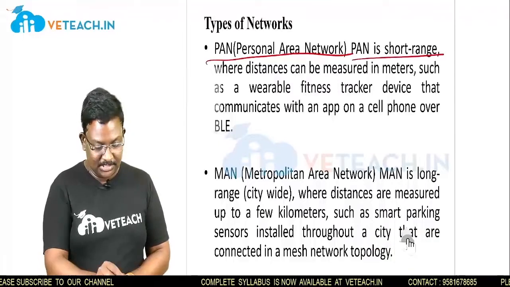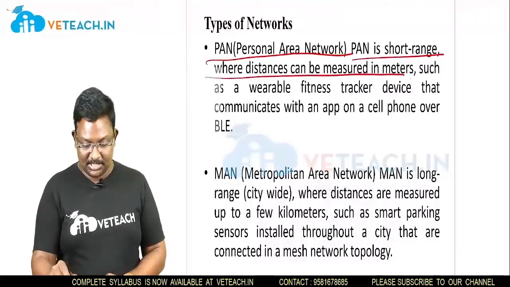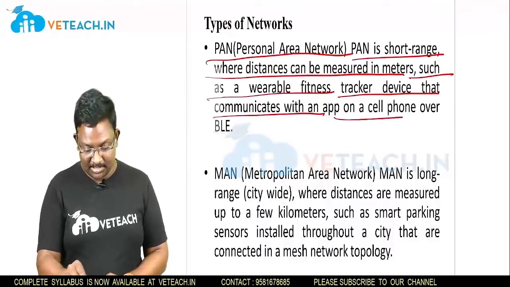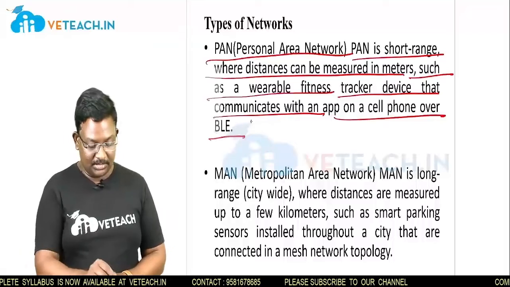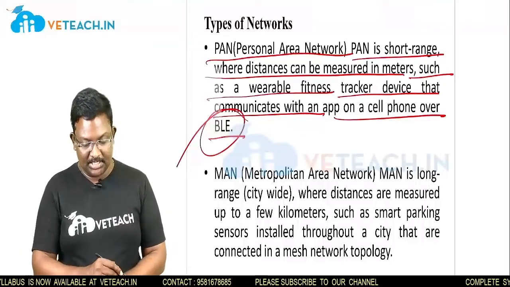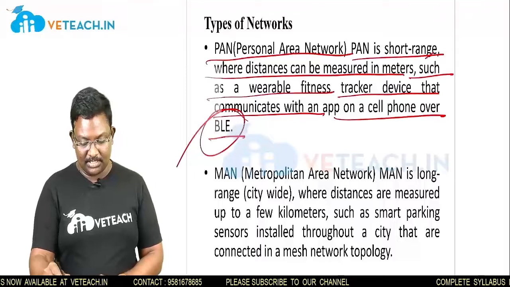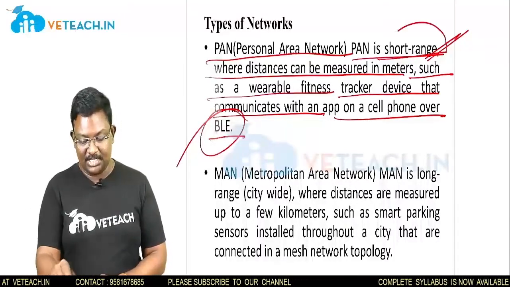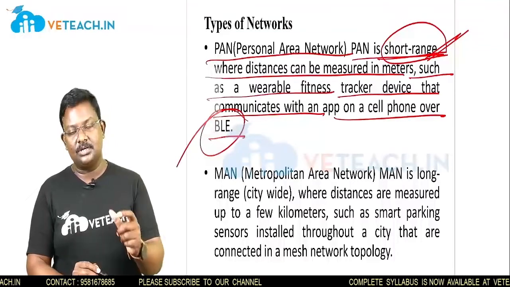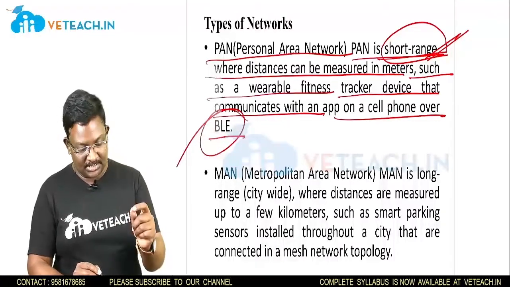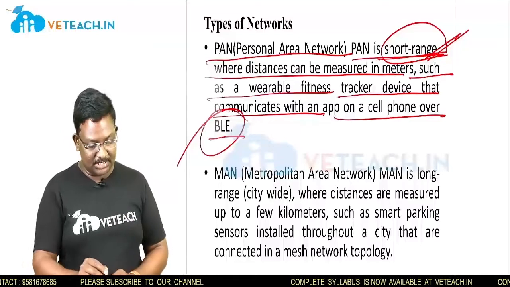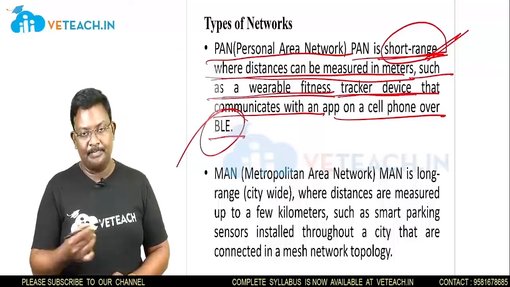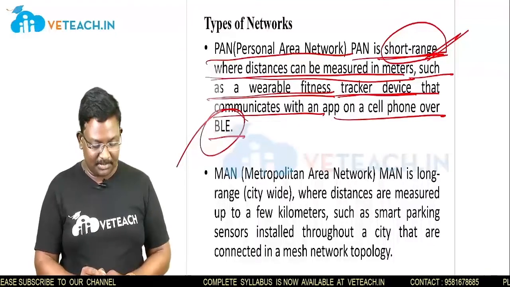PANs are short range, where distances can be measured in meters, such as wearable fitness trackers, devices that communicate with an app on a cell phone over BLE. Most IoT enabled devices will follow PANs. They have a very short range, like 2 to 3 meters, limited to some distance measured in meters, such as wearable fitness trackers. You can go through many applications here.